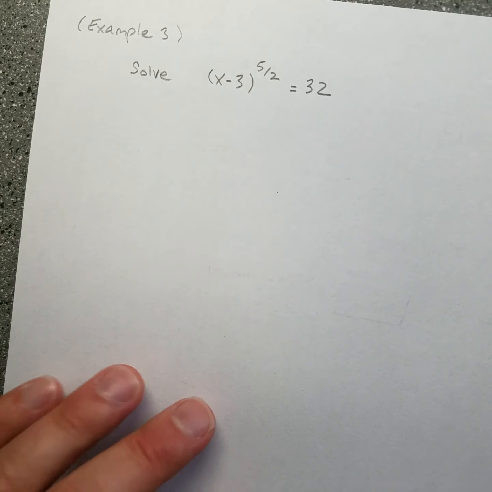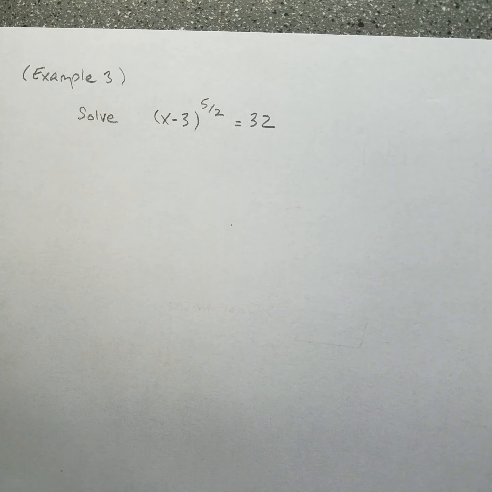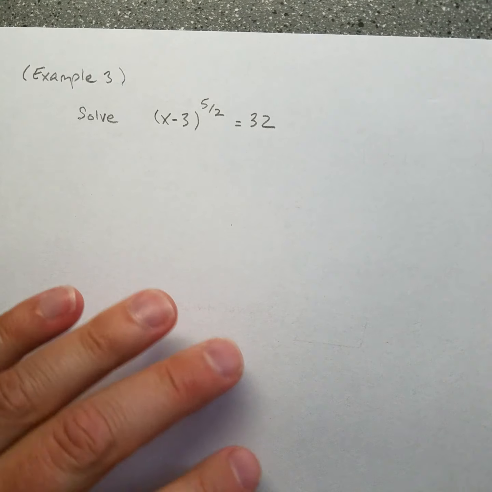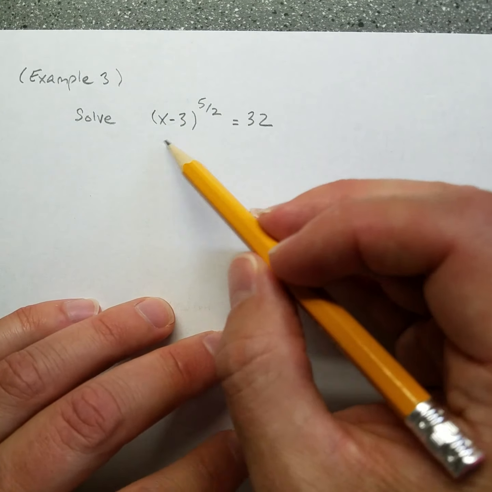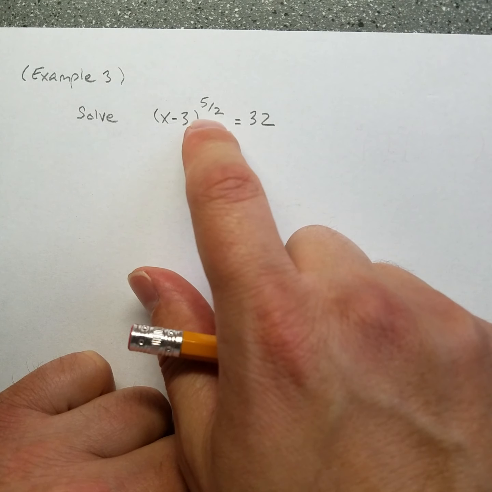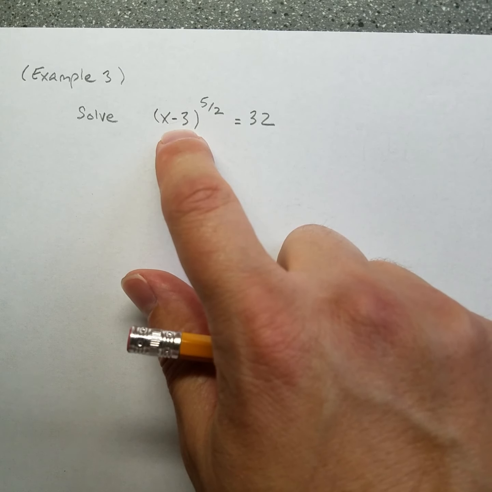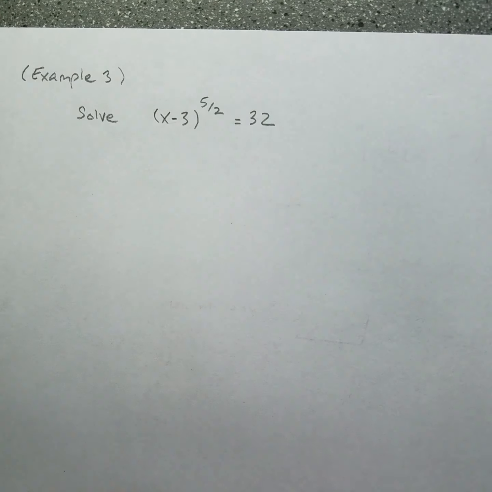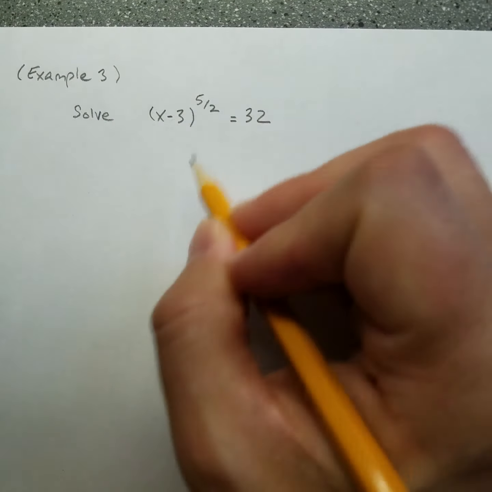Now, we'll take one more that's a tiny step beyond what I was just showing you. Here, instead of just x to the 5 over 2 equals 32, we have (x minus 3) to the 5 over 2. When we solve equations, there's a certain order that we do things. You have to address the 5 over 2 and you have to address the 3, but we'd be getting things out of order if we said, add 3 to both sides.